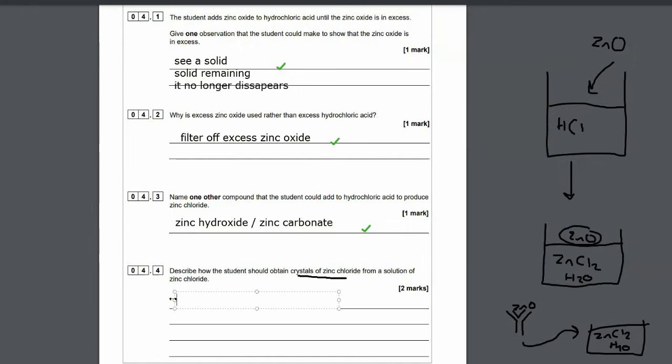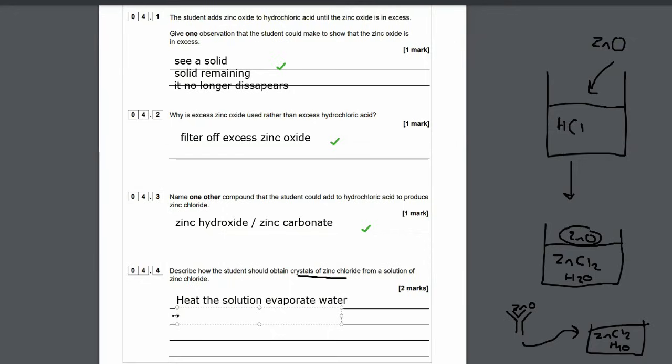So I'm going to kind of combine all of that. A lot of students will just say heat the solution, evaporate water. Now, they probably only give you 1 mark there because there's a better technique, which is not just evaporate all the water. You can get side reactions. You can lose some of your zinc chloride.